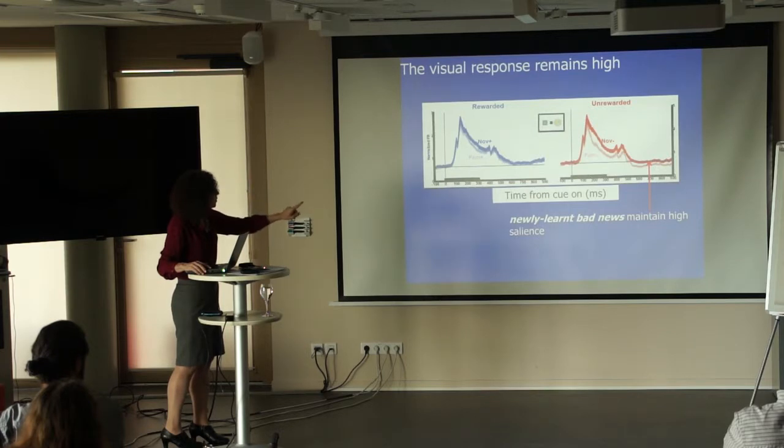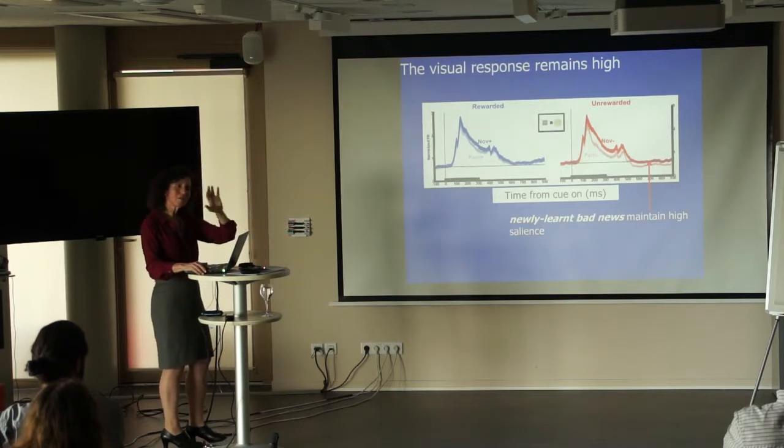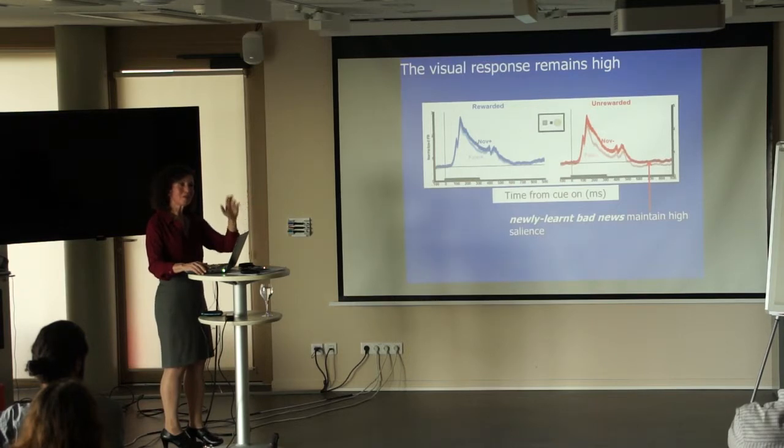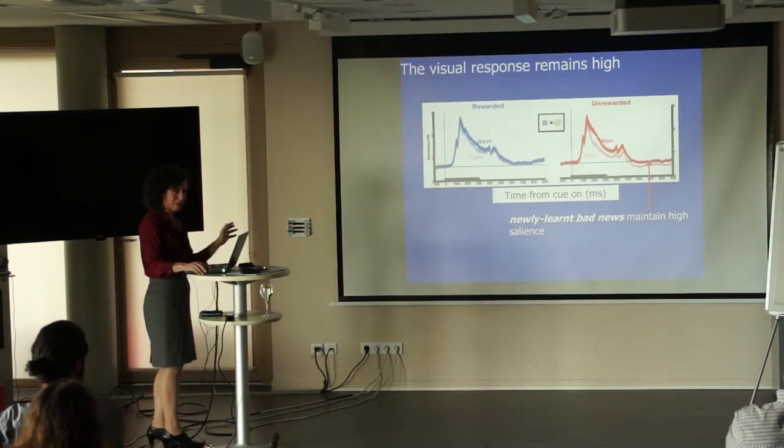But the response to the novel cues remains elevated and doesn't show the suppression. In fact, it's a little more similar to the positive cues than it is to the negative cues. In other words, the salience of a novel pattern remains high for a while, even after the monkey learns that that pattern is unrewarded.